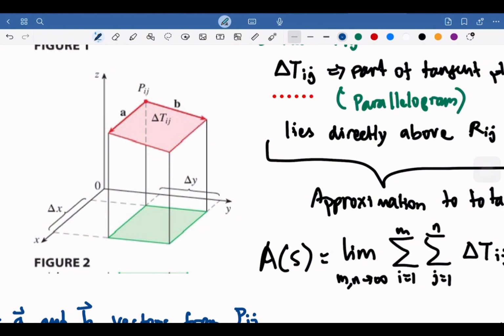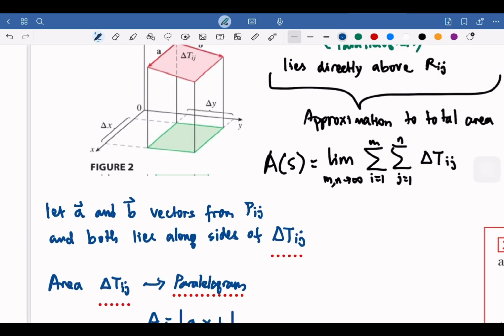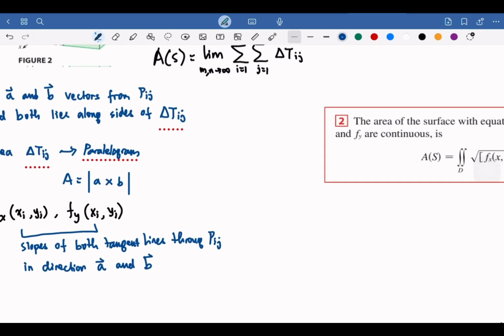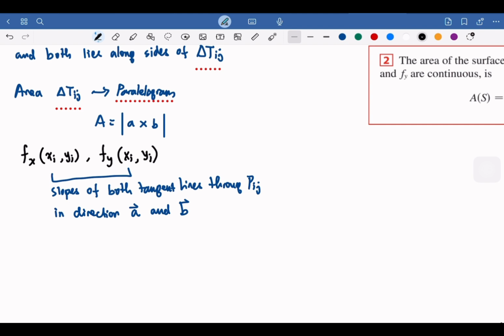So we can write the vector A as delta xi plus partial x at the xi yi point multiplied with the delta x k.